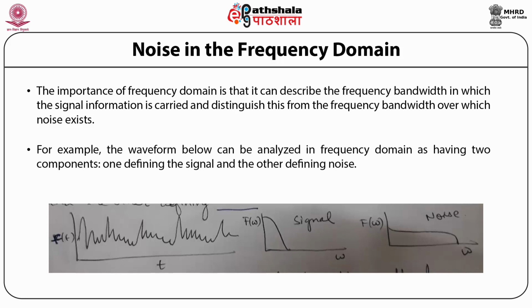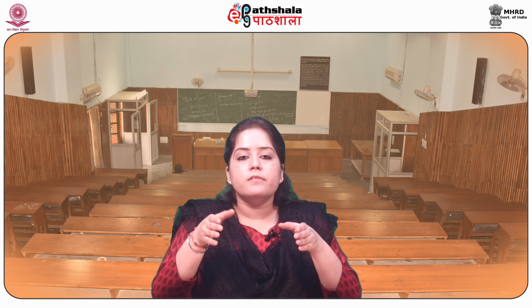For example, as shown in this figure, this waveform can be analyzed in the frequency domain as having two components, one defining the signal and the other defining the noise. Because the signal is likely to be well defined in time, the frequency spectrum which contains the signal information is relatively limited in width as compared to the noise spectrum.